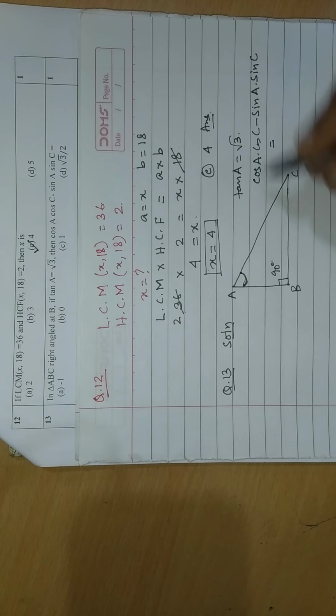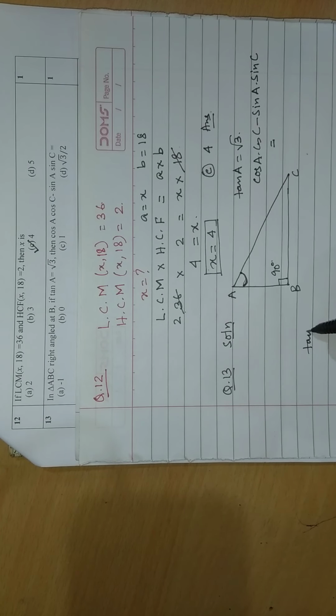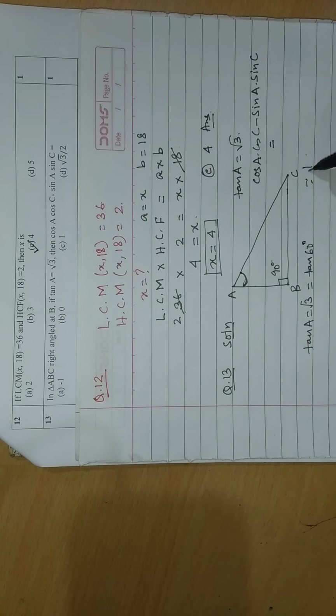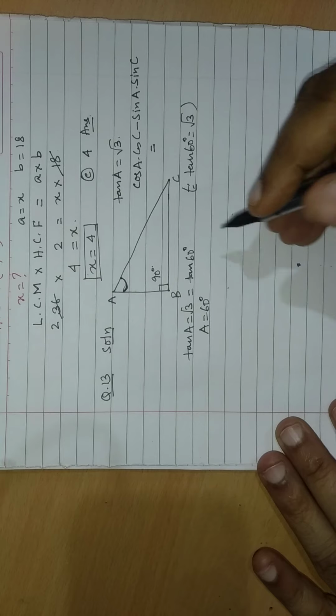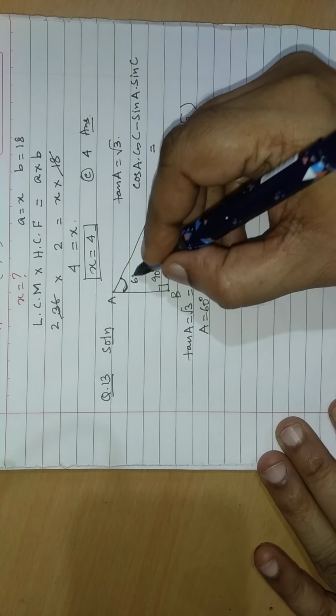Now as you know that tan A is equal to root 3, and as you know that tan 60 degree is equal to root 3. So A is equal to what? A is equal to 60 degree. So this is the value of A. So A is 60 degree.